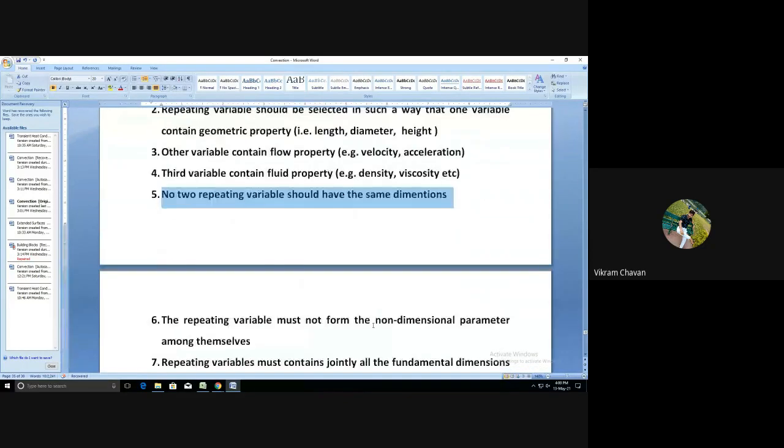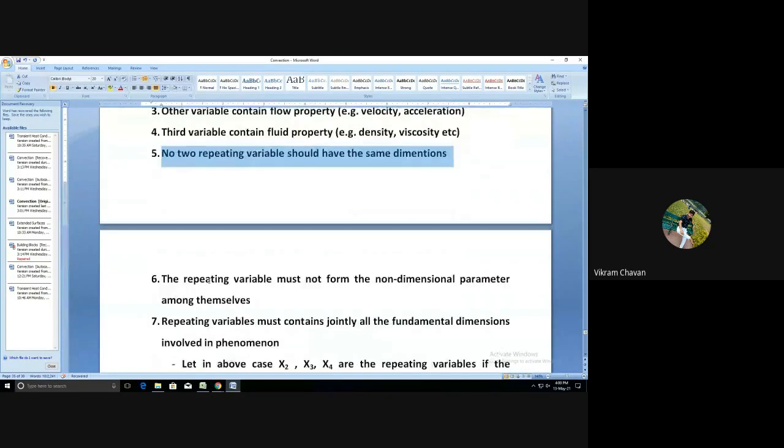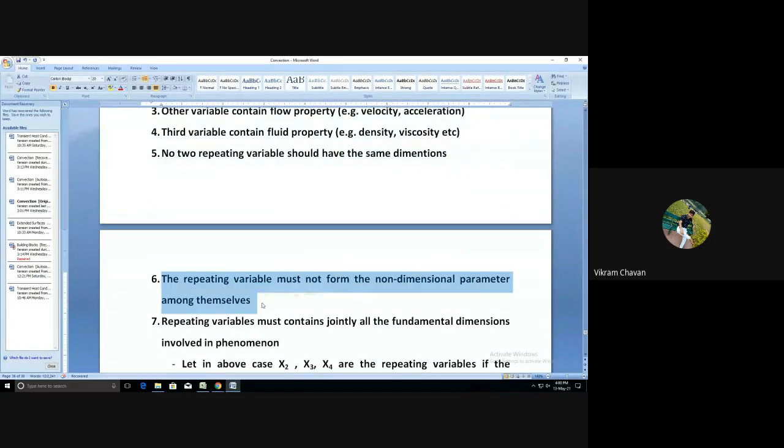Then the next one is that the repeating variables must not form a non-dimensional parameter among themselves. What it means? जब हम repeating variable select करेंगे, तो उनका मल्टीप्लीकेशन किया और डिवाइडेशन किया, कौन सा भी ऑपरेशन उस रिपीटिंग वेरिएबल के डायमेंशन पर किया, तो सबके डायमेंशन मिला के 0 डायमेंशन नहीं आने चाहिए. ओके, इसका ये मीनिंग है.